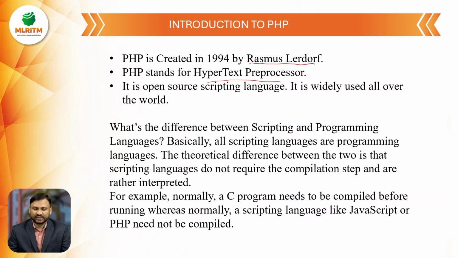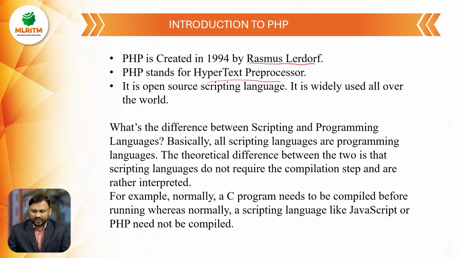Now we'll see why it is called a scripting language, and what is the difference between scripting and programming. Basically all scripting languages are programming languages, but in PHP we write in the form of scripts.